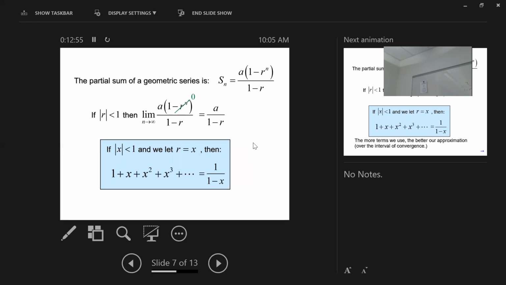Except here's where this is going. Ready? The left side is an infinite series. The right side of the equal sign is a function.